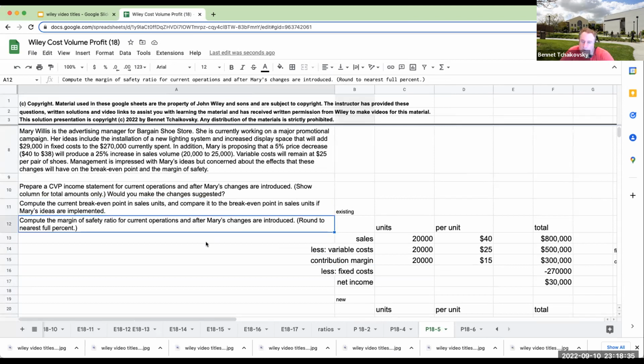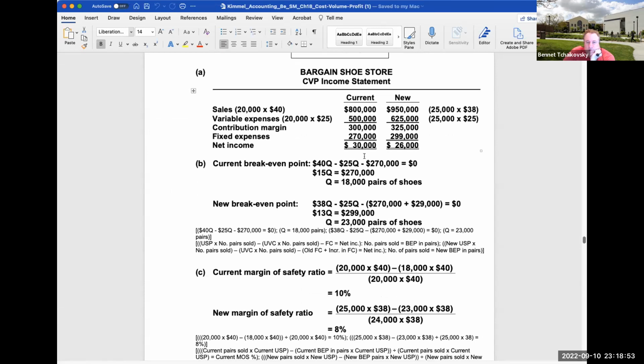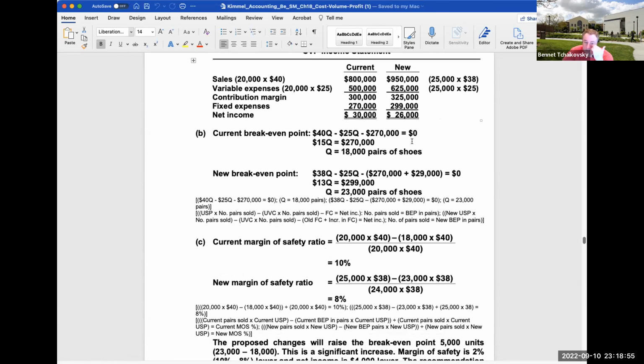Compute the margin of safety ratio for current operations and after Mary's changes are introduced. I'm not going to do that because it's not something I go through and do, but let's take a look at the solution and see what it says. Okay, 30 and 26, that's what we got.